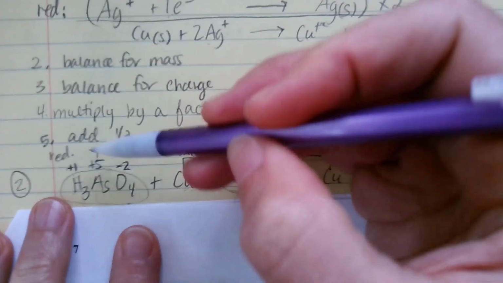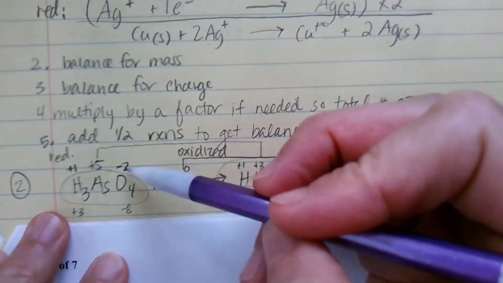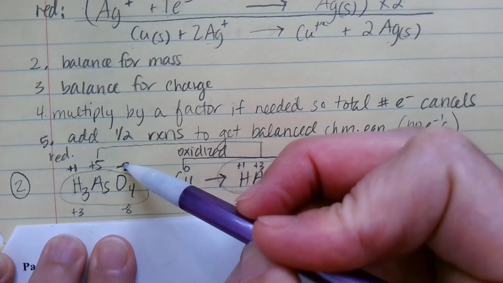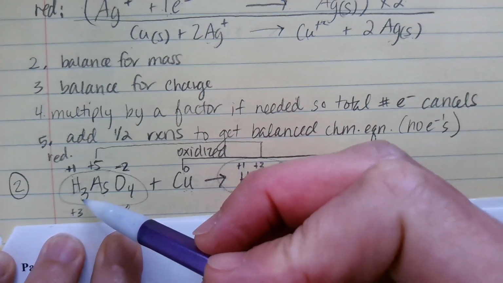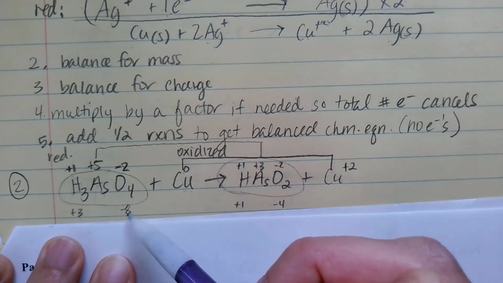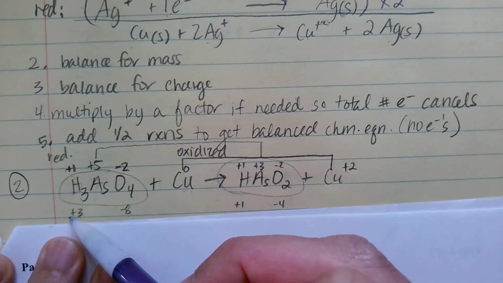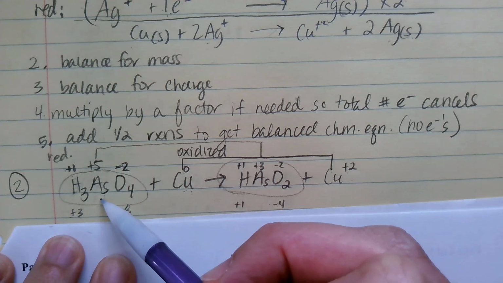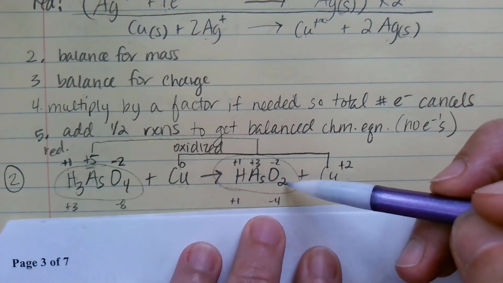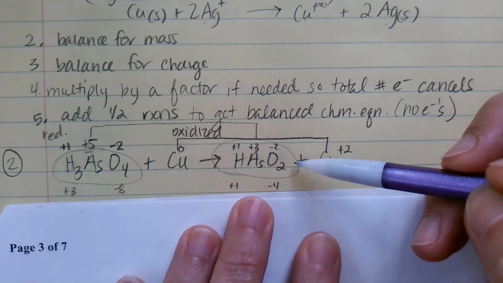So to figure out what As is, I'm going to figure out the rest of the charge of my compound. So 4 times negative 2 is negative 8. 3 times positive 1 is plus 3. So negative 8 plus 3 is negative 5, so As must be plus 5. Now let's see what it is over here on the right.